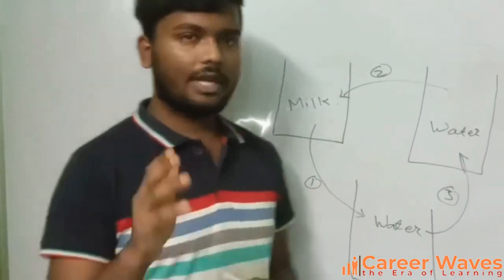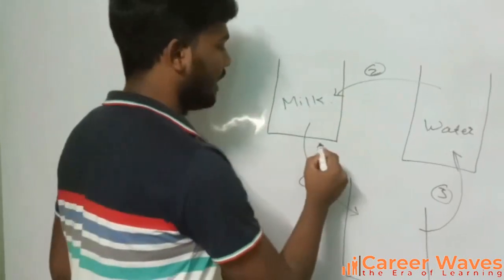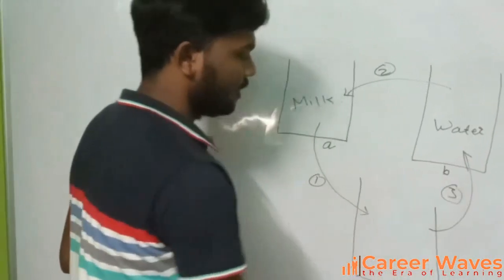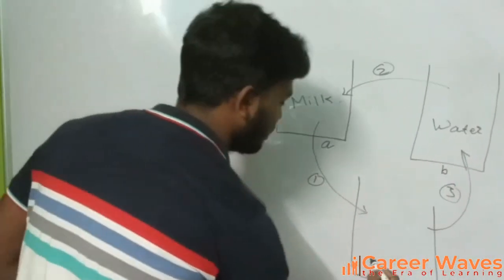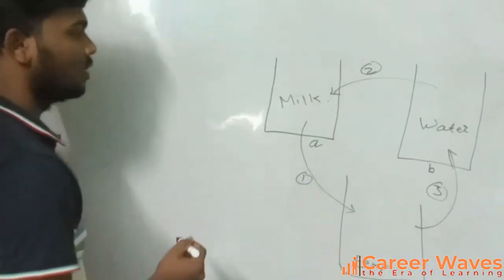So how will we write the program for this? Let us say the name for this glass is A, the name for this glass is B, and the name for this glass is, let us say, temp. Let us write the code.